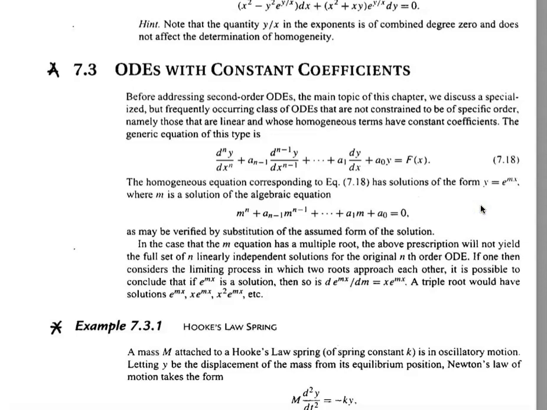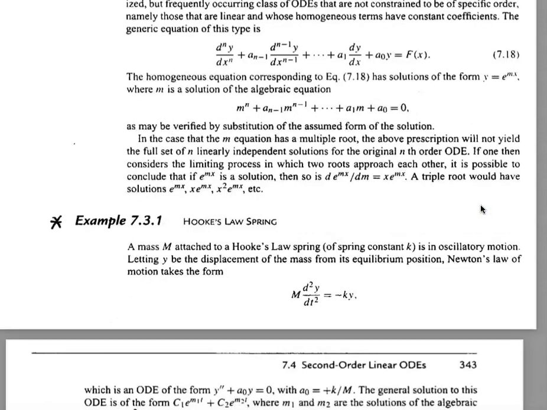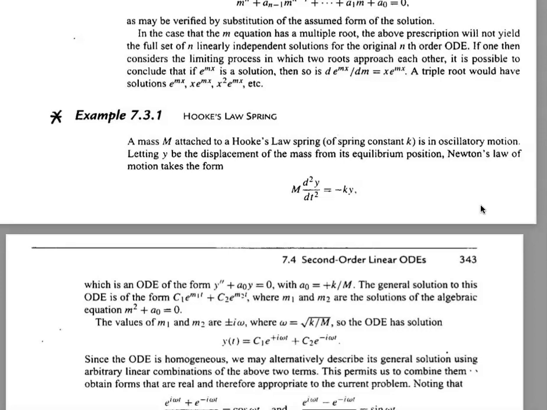Okay, let's go on. Here's an example, which is a standard problem that you always get in basic physics: the simple harmonic oscillator, or Hooke's law with a spring. m is the mass of the oscillator. It is a second order differential equation.